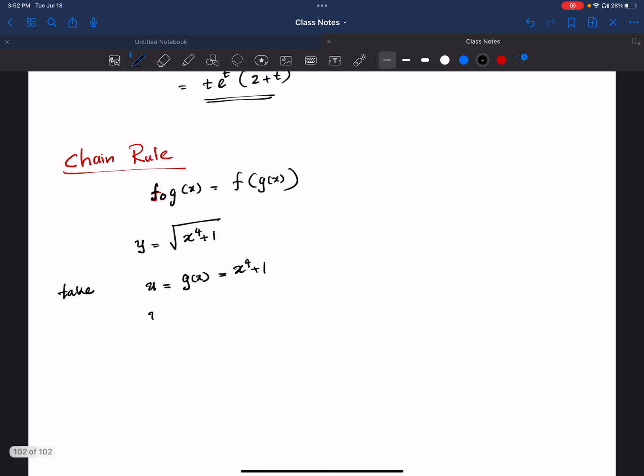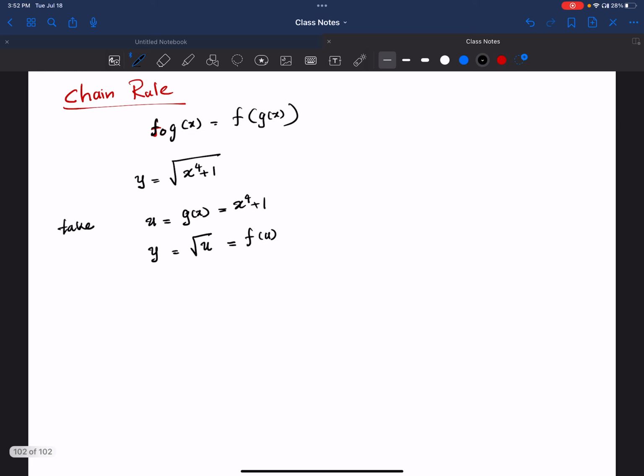Now I can write y equals square root of u, which is actually a function of u, f of u. Now I can write y again, f of u is f of g of x, which is actually f circle g of x.